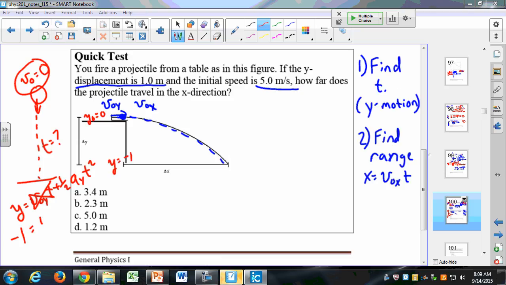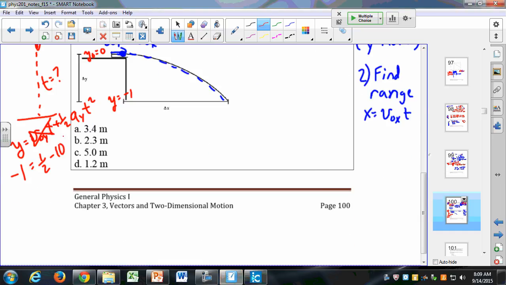That's equal to 1/2 of -10 times t squared. So that's 1/5. t is equal to the square root of 1/5. I think I got 0.4 something, right? What was it? 0.45 seconds.